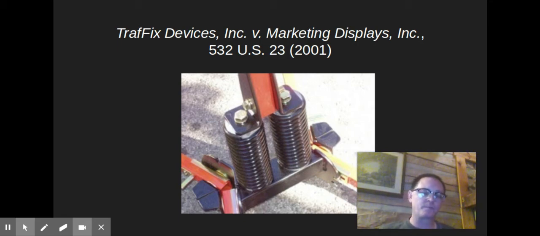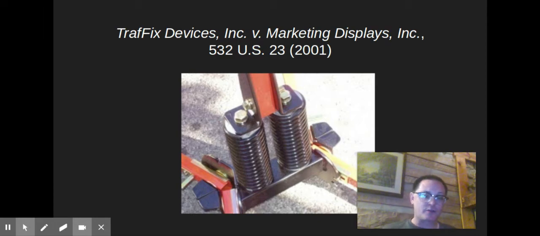Essentially, they say, look, consumers, or the relevant consumers, have come to associate this particular design with our company, right? When people see this two-spring design, they think MDI. They think it's an MDI product. We've had the exclusive right to produce this kind of traffic sign for 20 years.